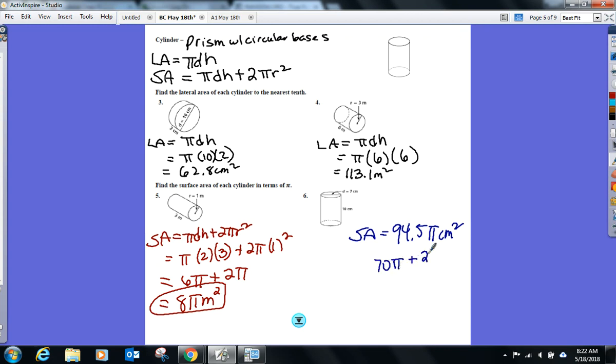And the 2 bases should have been 24.5 pi for the area of the 2 bases.